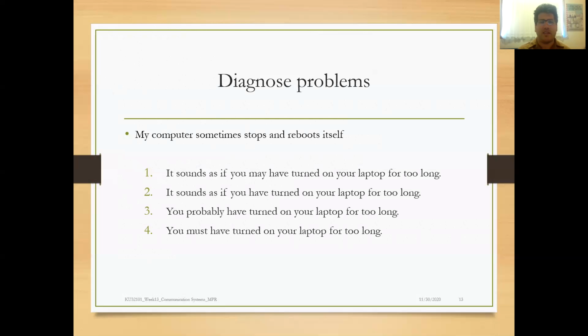Okay, so here we have another problem. My computer sometimes stops and reboots itself. And then we have 4 possible answers. These 4 answers or responses each have a different level of probability.